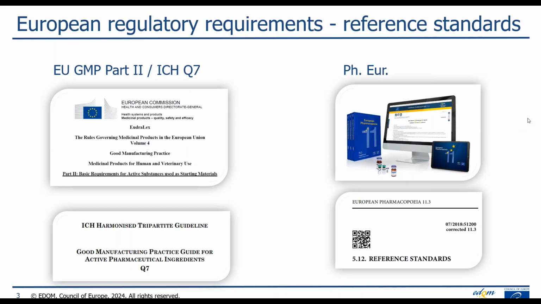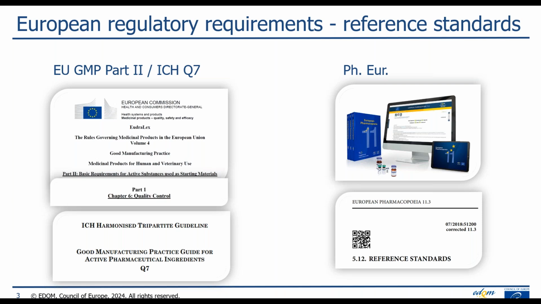So essentially, during our inspections, we check for compliance with European regulations. And for reference standards, this involves both EU GMP Part 2 or ICH Q7, and both of those are essentially the same guidelines. And there are also requirements outlined in the European Pharmacopoeia, specifically section 5.12.